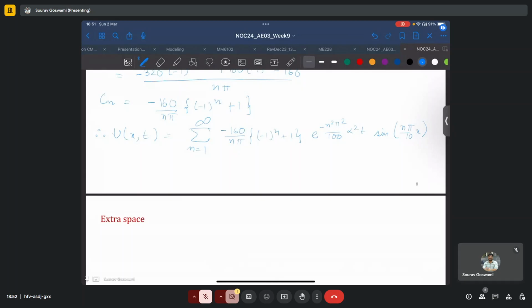These two vertical lines correspond to x equals 0 and x equals 10, and the vertical axis will correspond to u of x comma t.